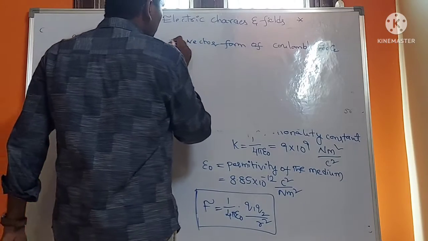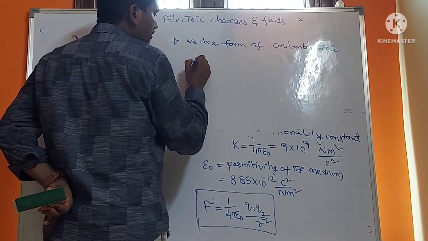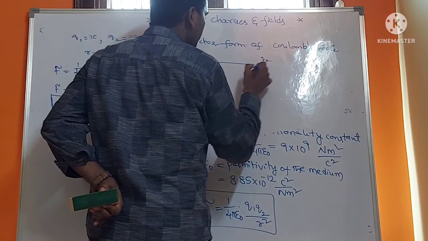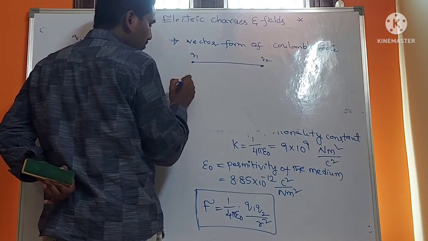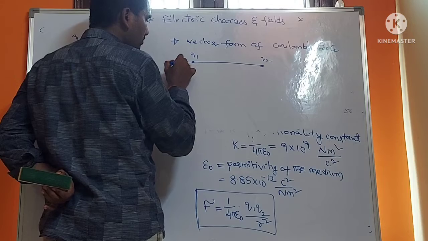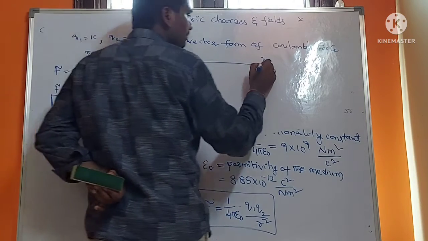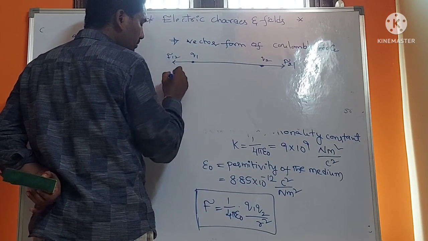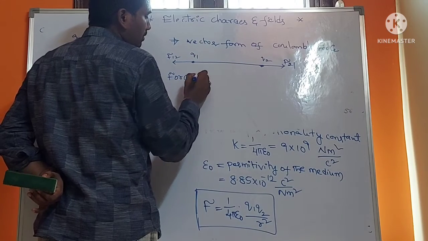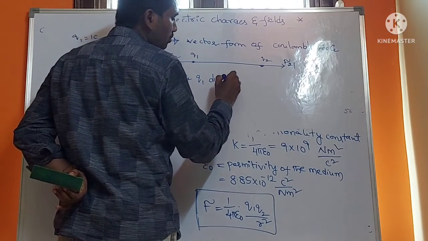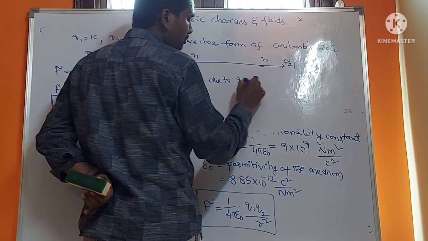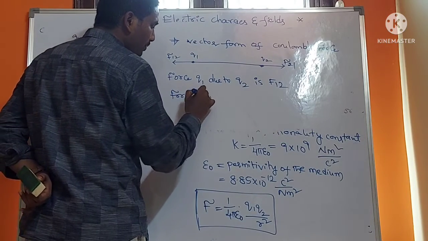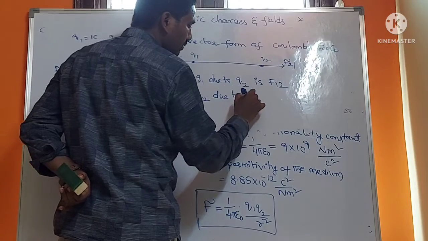For example, take charges Q1 and Q2 separated by a distance. The first force is F12 and the other is F21. F12 means the force on Q1 due to Q2, and F21 means the force on Q2 due to Q1.